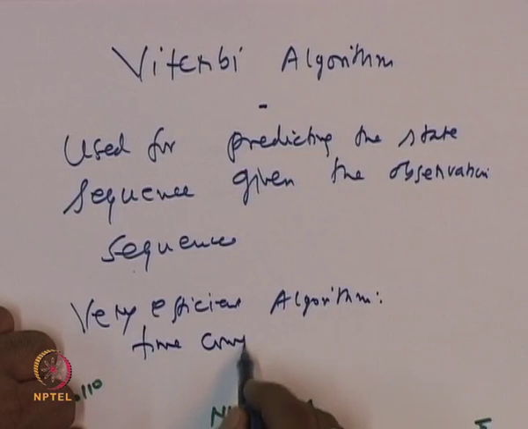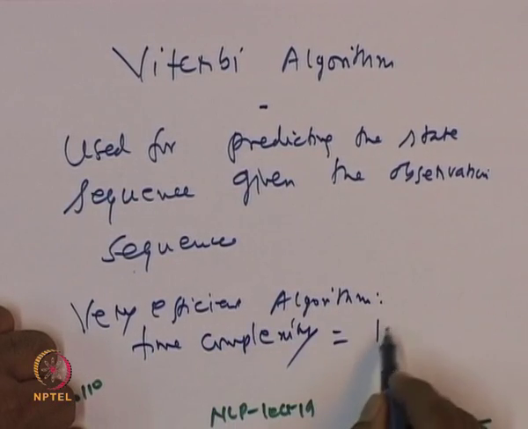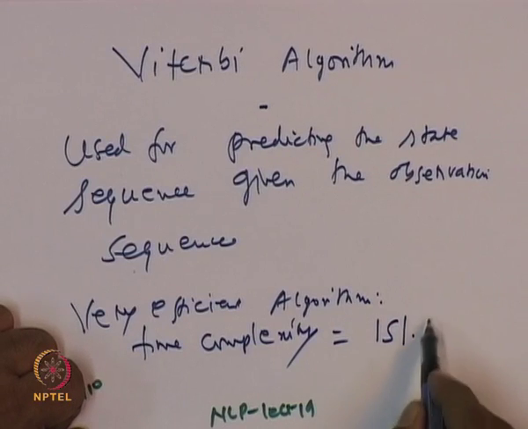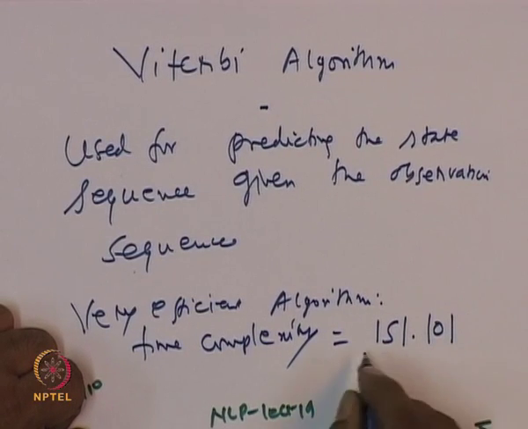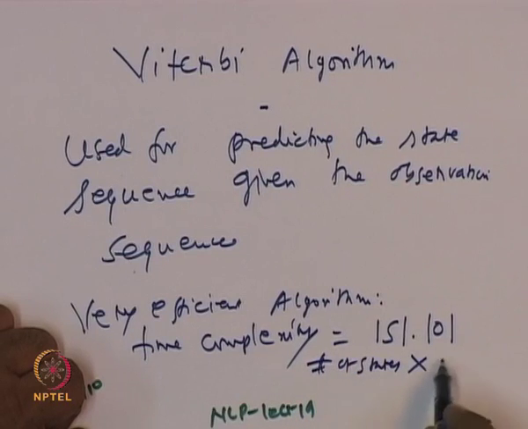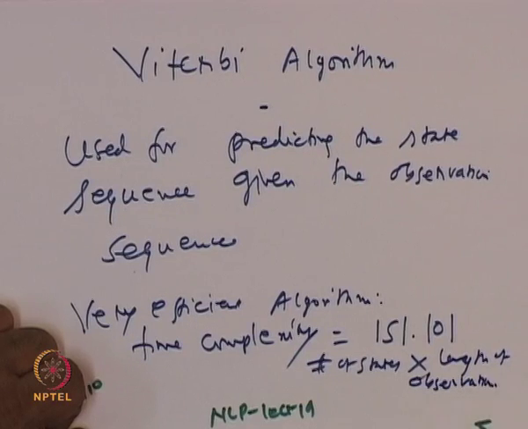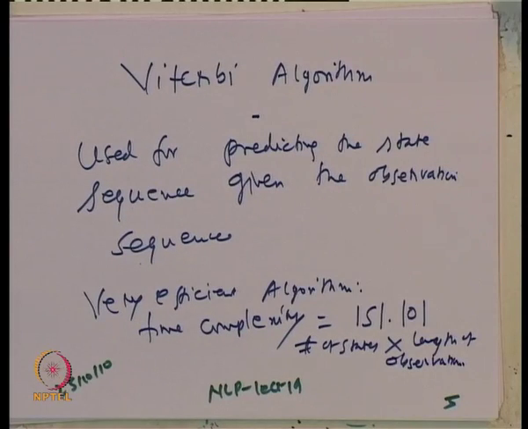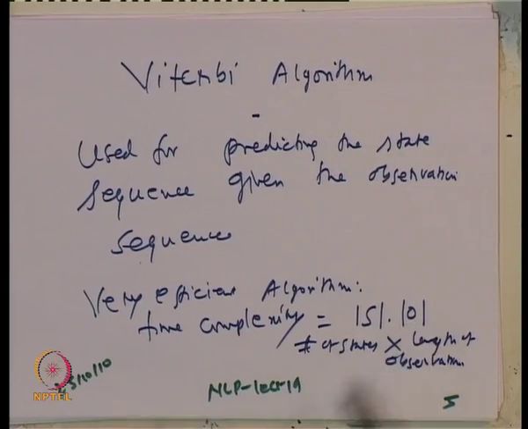Time complexity is equal to number of states into length of observation. So, how is the complexity number of states into length of observation?